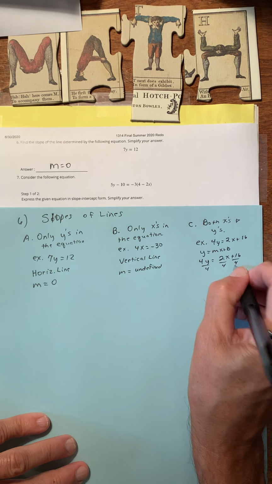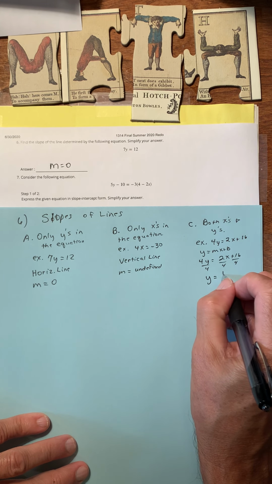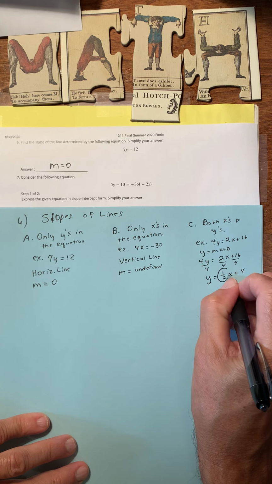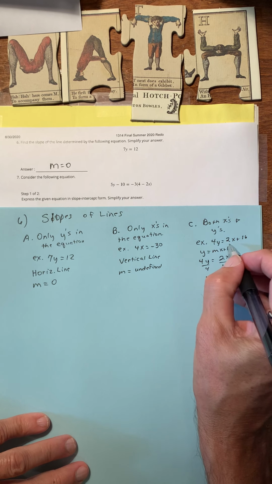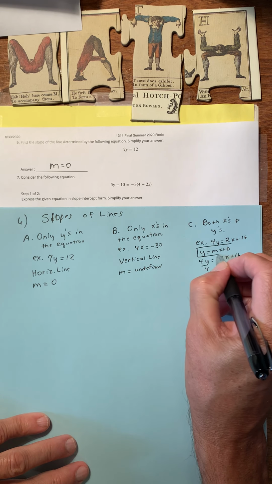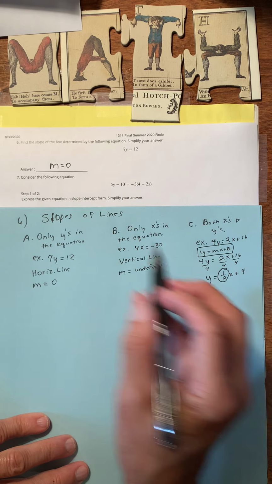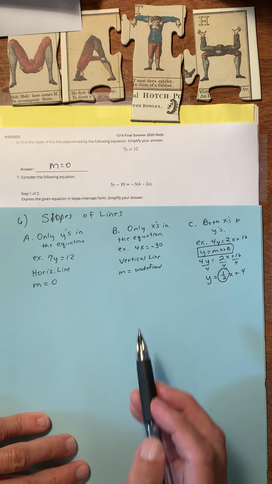And the slope will become wonderfully visible. Right here, 2 over 4 is 1/2. So there's my slope. So if you have both x's and y's, put it in slope-intercept form, and the slope becomes obvious. All right? Just y's, 0. Just x's, undefined.